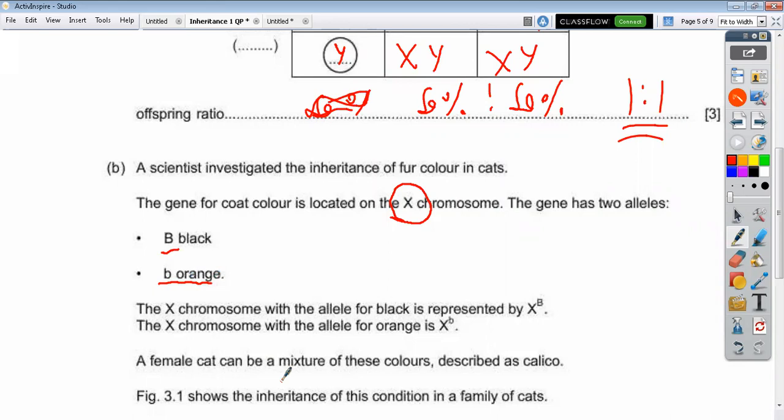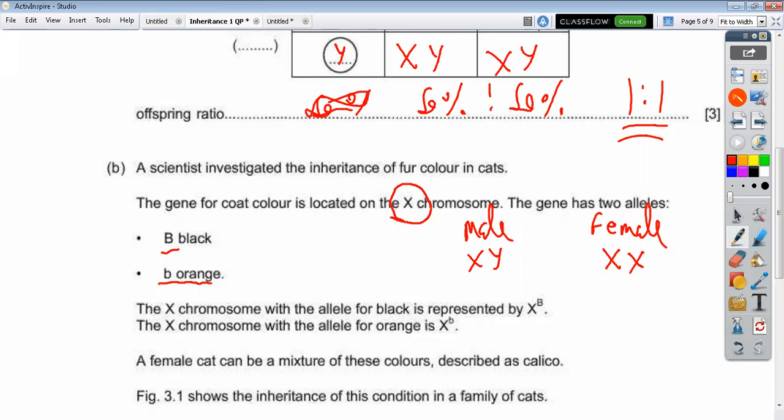My question now to you: remember, a male is XY. A female is XX. Do you remember what I'm trying to say here?